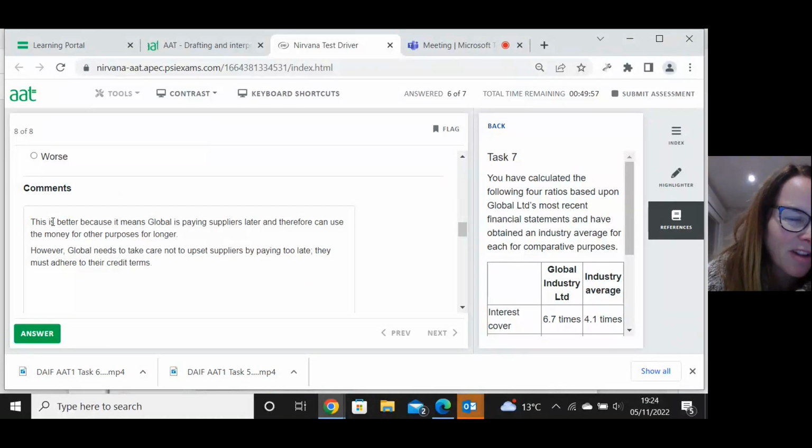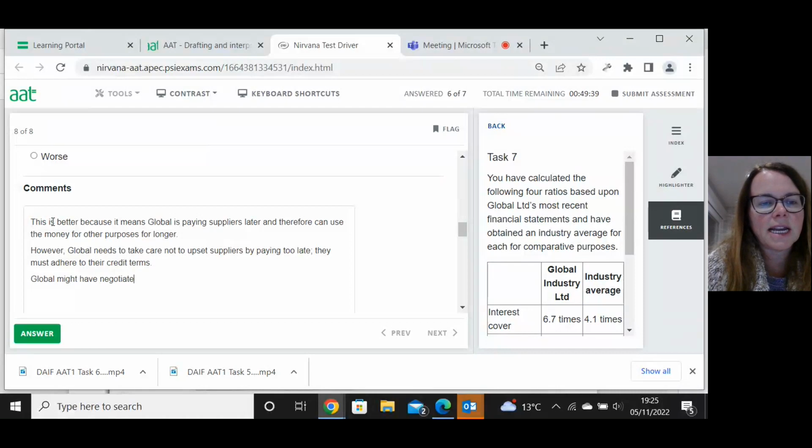So I'm making the point that I'm recognizing that holding onto the money is good for Global, but you can't hold on to it forever. They could say Global might have negotiated longer credit terms with their suppliers, which explains the longer than industry average payment days.